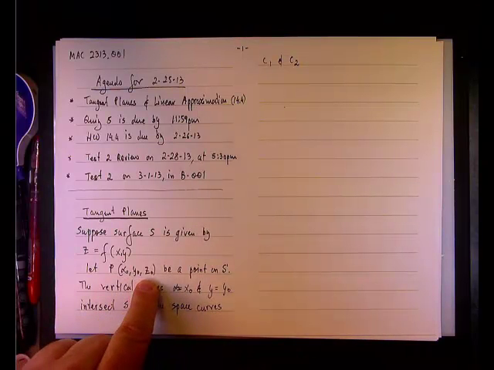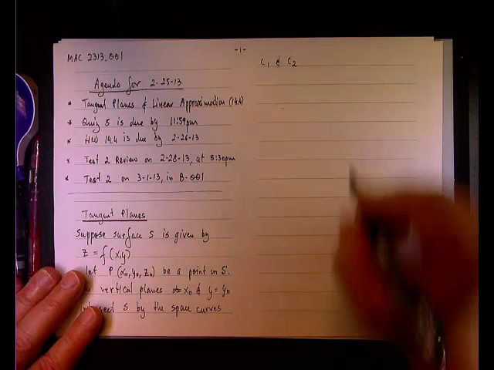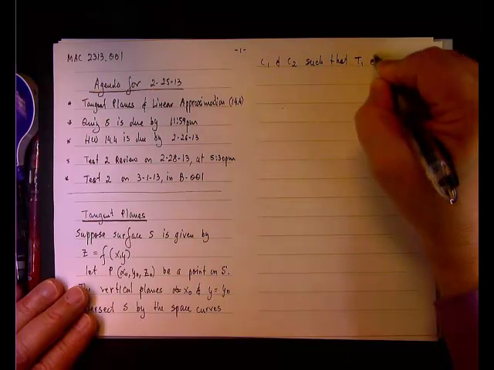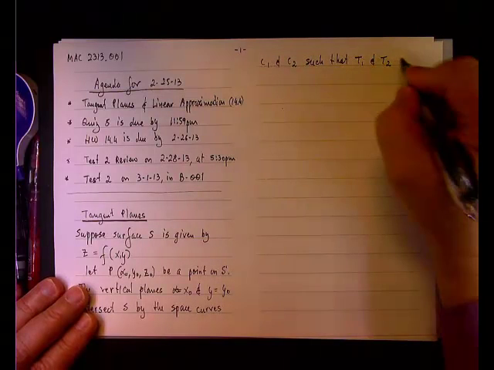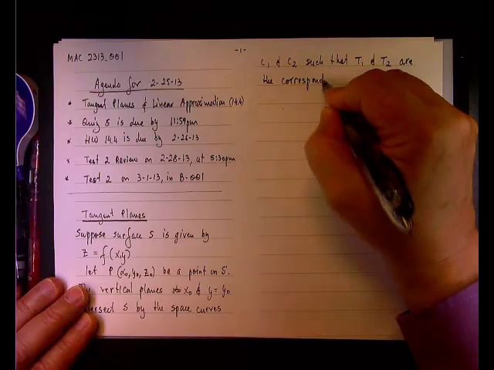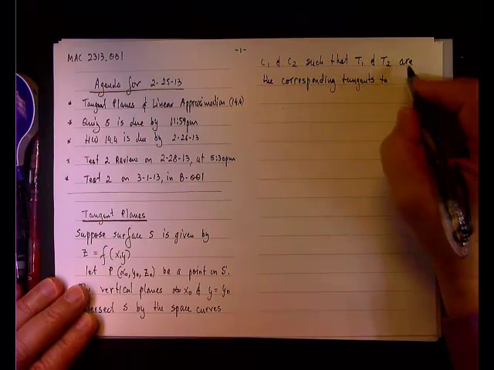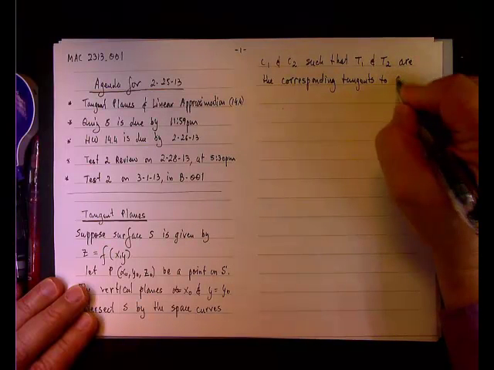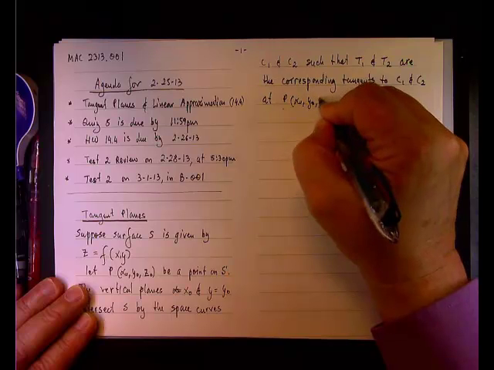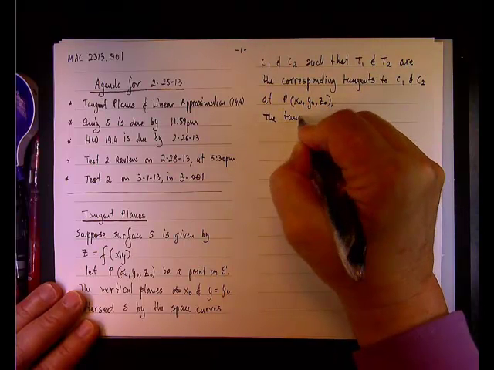Okay, so now we have a curve, and at this particular point, x sub 0, y sub 0, z sub 0, we can draw a tangent to the curve, such that T1 and T2 are the corresponding tangents to C1 and C2 at P. Again, P is x sub 0, y sub 0, z sub 0.